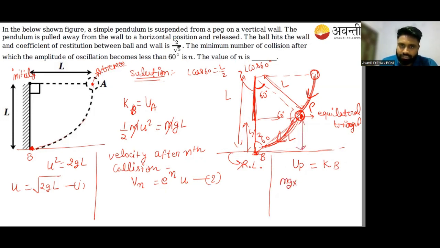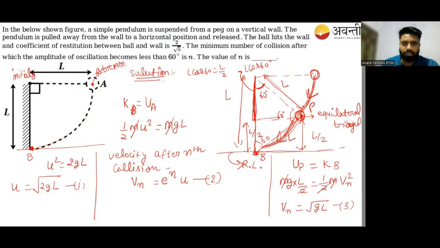So it is at L by 2, equal to 1 by 2 times m, and the velocity after the nth collision we are interested in, so it is Vn square. This m and m got cancelled out. So Vn square is equal to gL, so Vn is the square root of gL. This is equation number 3.